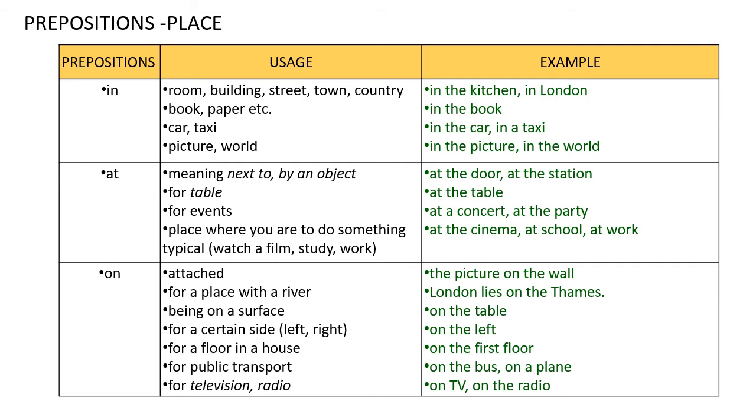On is used for a floor in a house, like on the first floor, on the second floor, etc. On is used for public transport, like on the bus, on a plane, etc. On is used for television, a radio, or phone, like on TV, on the radio, or on phone.